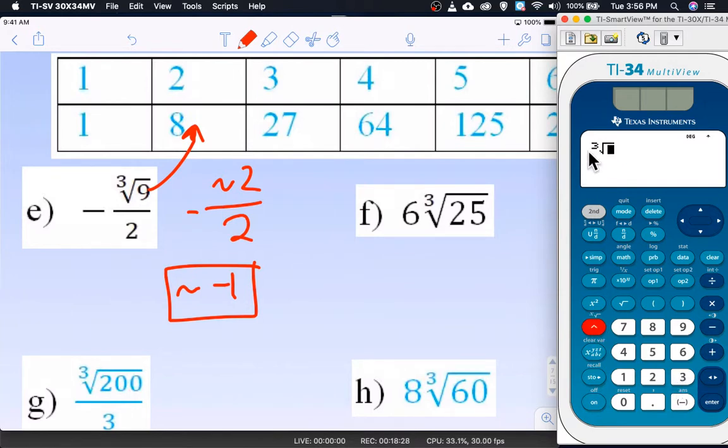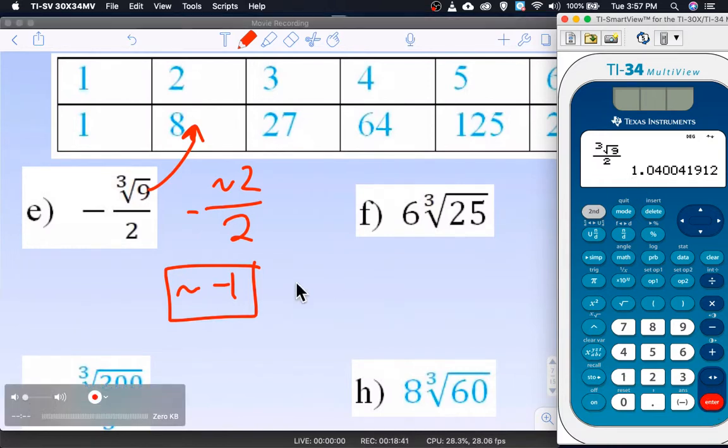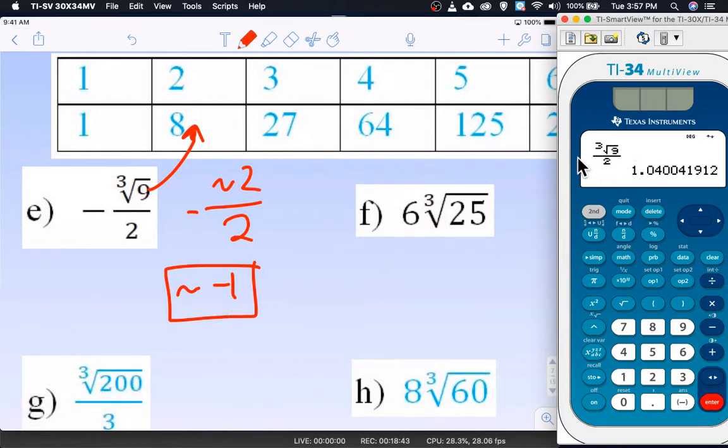So that made this the cube root of 9 over 2. And I forgot my negative out front, but it's okay, I'll just throw a negative in my answer. So look at that. We said about -1, and that is about 1. We are really, really darn close. So that's pretty cool. We can estimate that close with these irrational numbers.